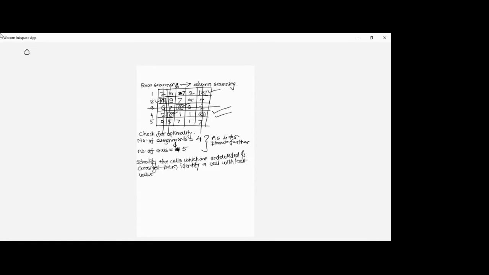So we are going to identify an undeleted cell with the least value. The undeleted cell means the line is not passing through that particular cell.